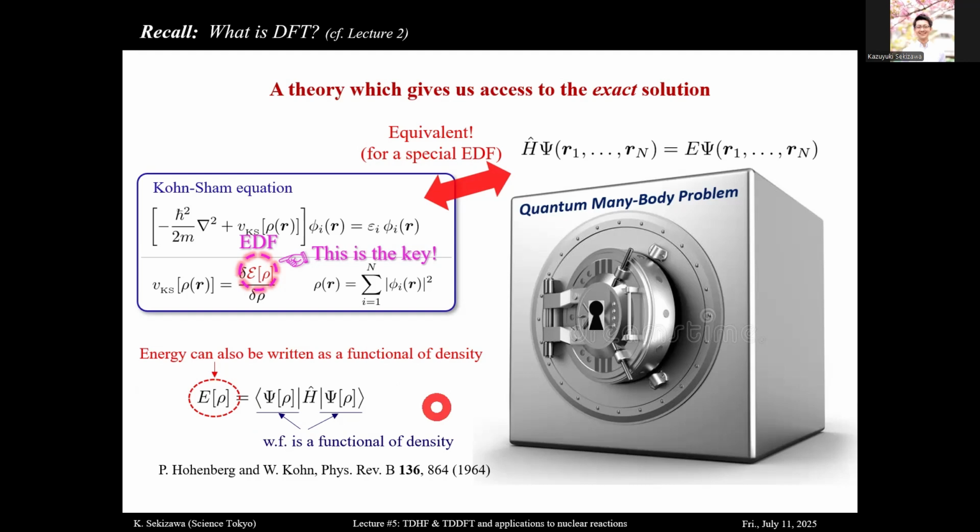It shows us the one-to-one correspondence of psi and rho, and gives us the existence of the energy density functional, EDF, which contains all the information of the right-hand side. Okay. So in the case of static, usual density functional theory, the Hohenberg-Kohn theorem and the Kohn-Sham scheme were the basic theorems. And okay, so now I will introduce TDDFT.